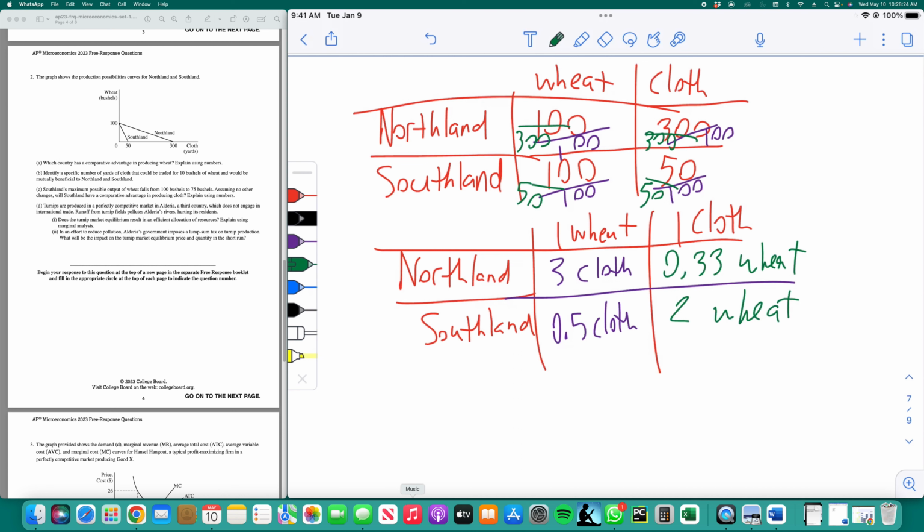Now, looking at this, who has the comparative advantage in wheat? Well, who has the lower cost in producing wheat? That would be Southland.